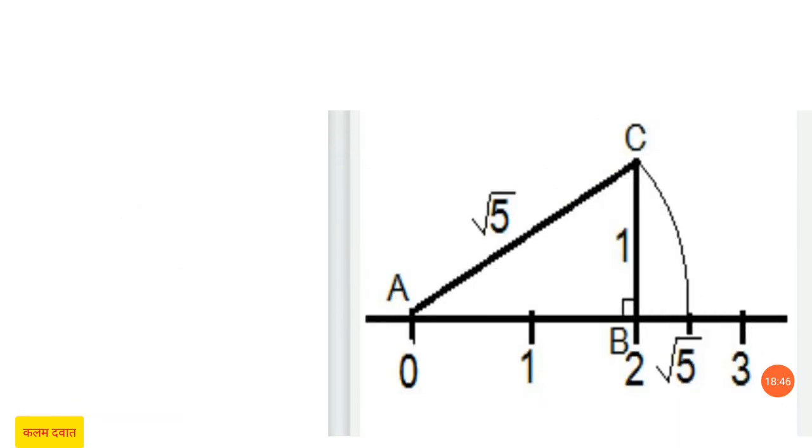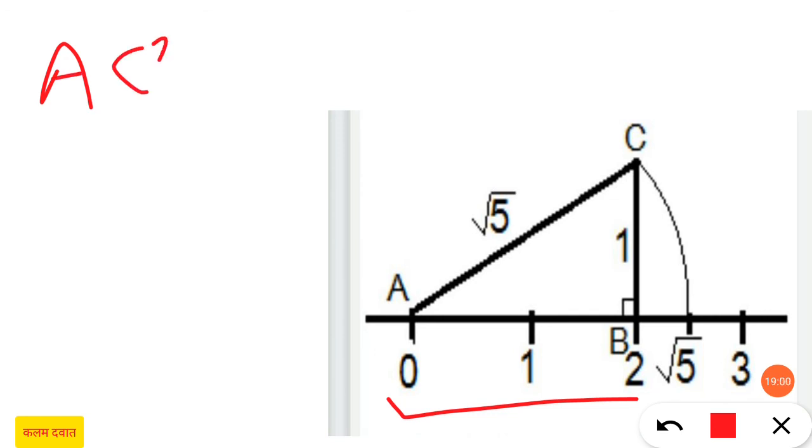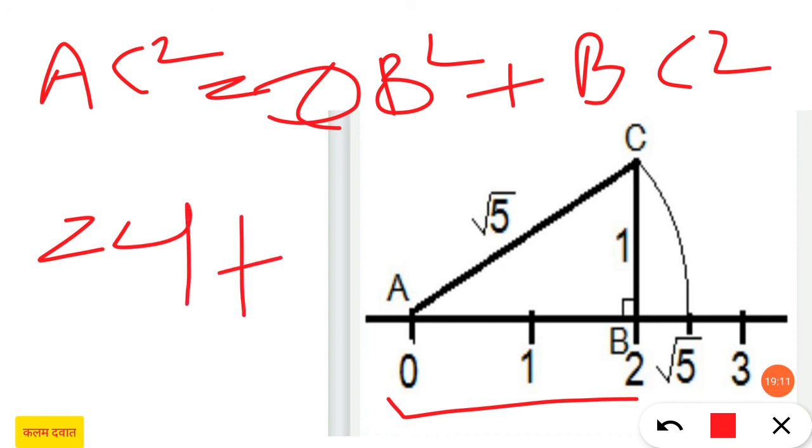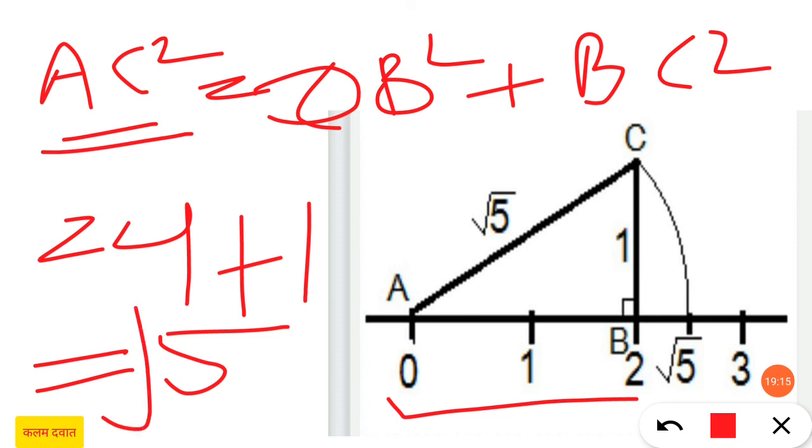See this picture. I repeat this for you. OB is 2 units and BC is 1 unit. So using Pythagoras theorem, AC square will be equal to OB square plus BC square, that is, square of 2 means 4 and square of 1 is 1, equals 5, and if we want to find AC, 5 will come under root.